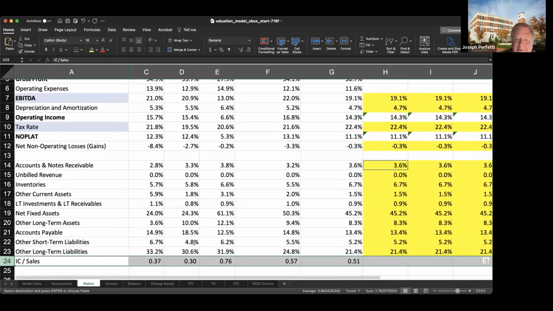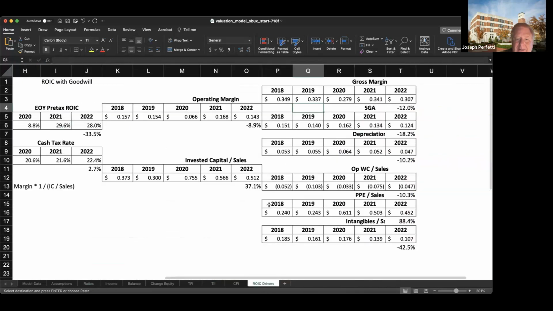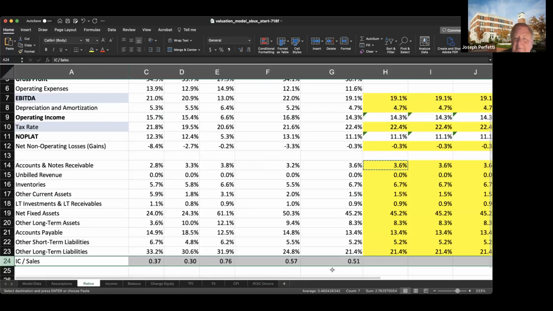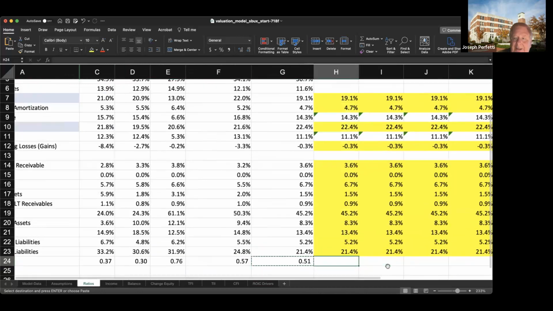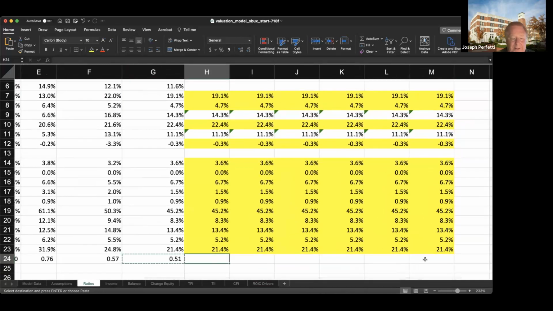This ratio is this ratio on the tree. For now, we're not going to forecast it. We're going to solve for that. So take cell G24, copy it, go to H through M24, select it and paste.